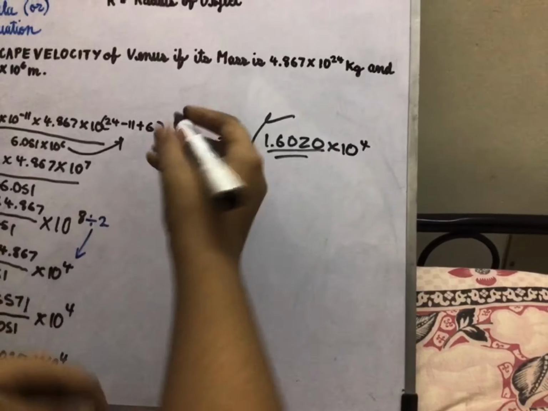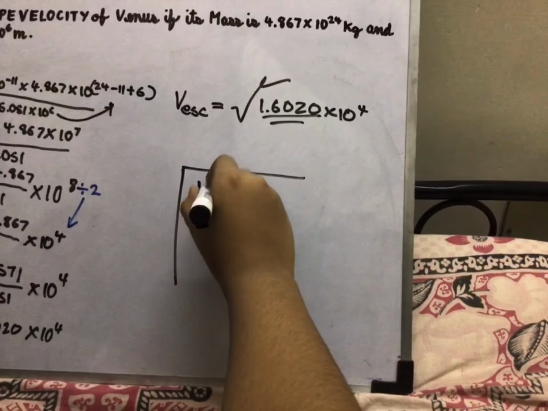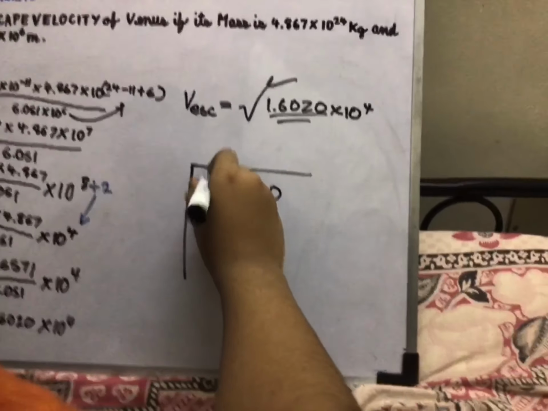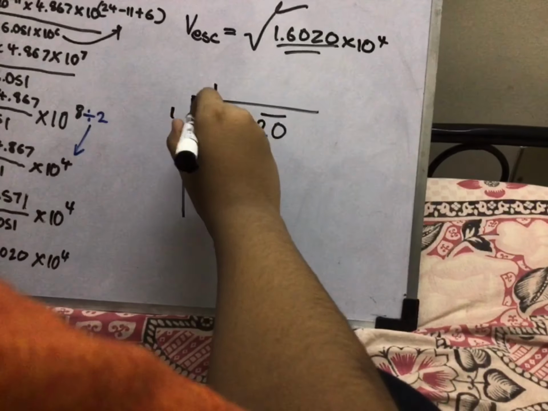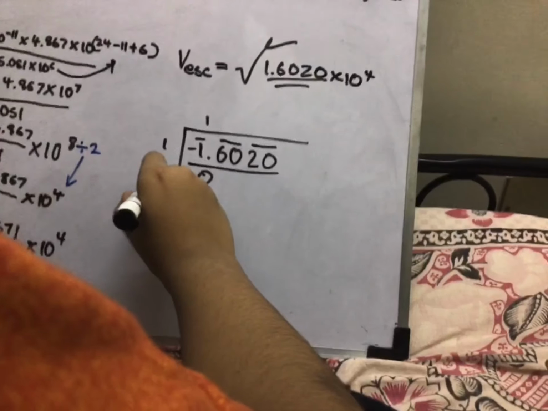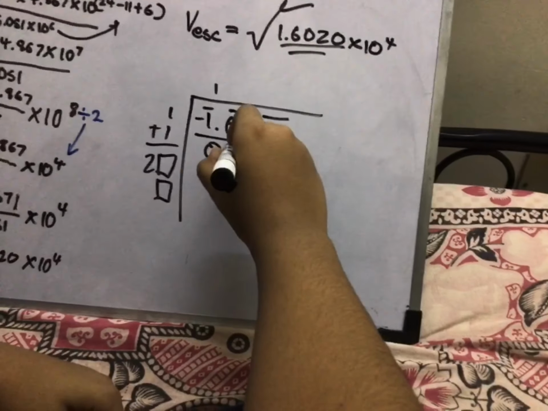So I'm going to do the same. So finding the square root of 1.6020, let's group these values, and then 1 1 0, add them to bring.